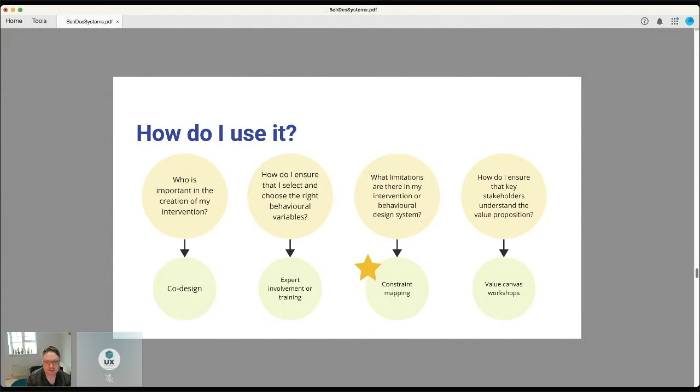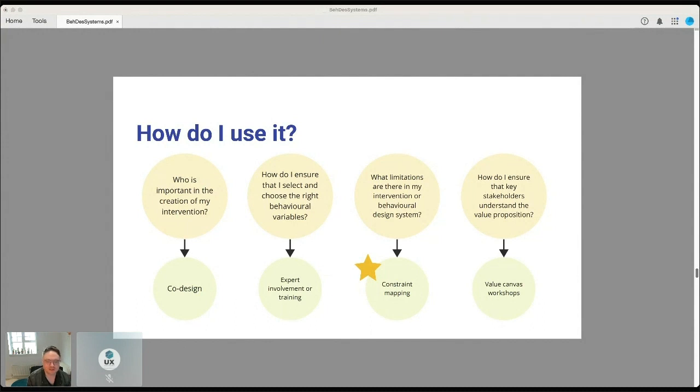Another question that I asked myself was, what limitations are there in my intervention or behavioral design system from a collaboration perspective? And this is about constraint mapping. This is one of the key things that impacts what you do and the quality of your output as well. And then finally, from a collaboration perspective, how do I ensure that key stakeholders understand the value proposition of what I'm doing?